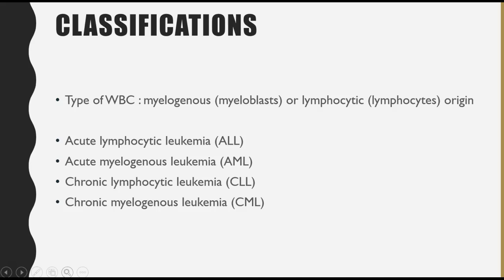That is how we identify the 4 major types of leukemia, and this also affects how we treat the specific leukemia types. So we have acute lymphocytic leukemia, or ALL, acute myelogenous leukemia, or AML, chronic lymphocytic leukemia, CLL, and then chronic myelogenous leukemia is CML. So those are your 4 types of leukemia.